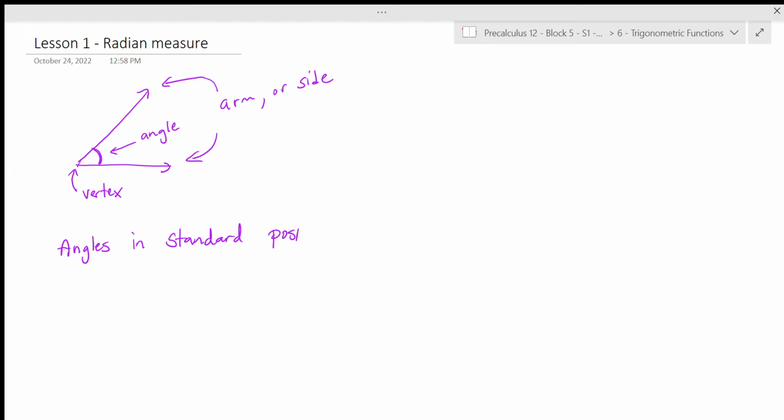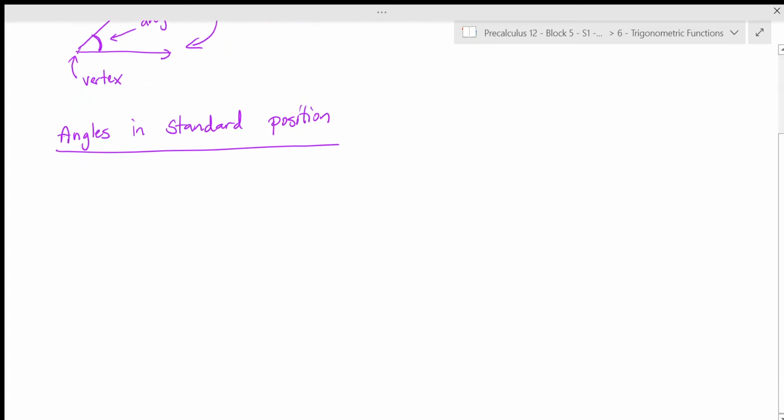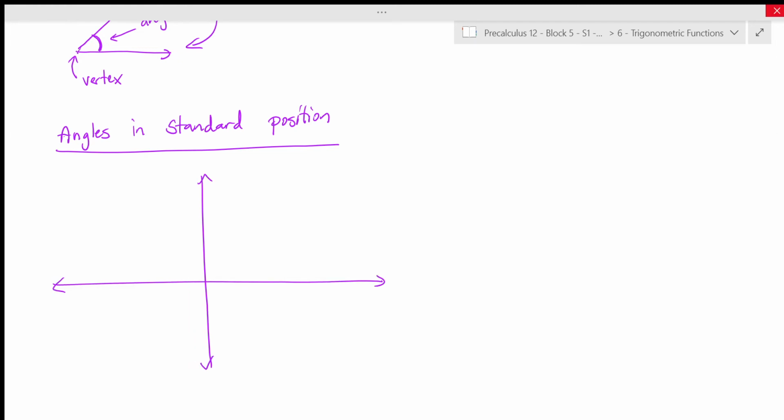The standard position is something that you covered in pre-calculus 12. Angles in standard position are drawn in the coordinate plane. And when we're in the coordinate plane, we consider it having 4 quadrants, which are given by the Roman numerals 1, 2, 3, and 4.